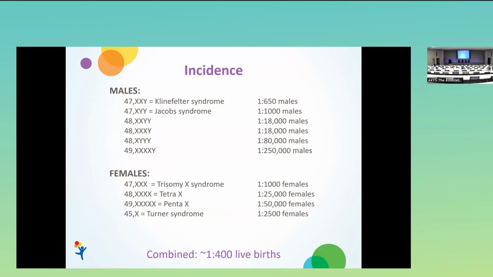The most common conditions in males are XXY occurring in 1 in 650, and XYY occurring in approximately 1 in 1,000 males. And then in females, trisomy X being 1 in 1,000. The more chromosomes that are present in a cell tends to have a lower prevalence for those conditions. They tend to be more rare. And combined, when we're talking about all of the X and Y variations as a group, they're actually quite common, being around 1 in 400 live births.